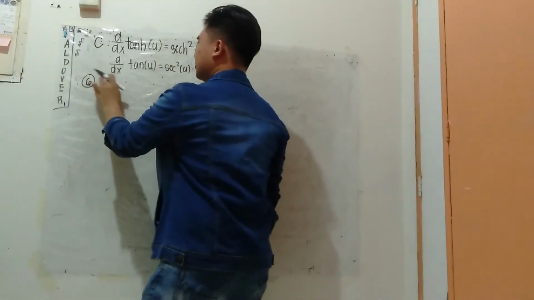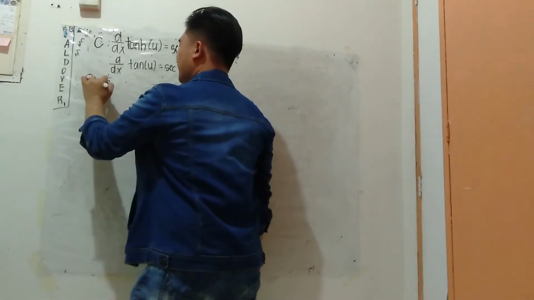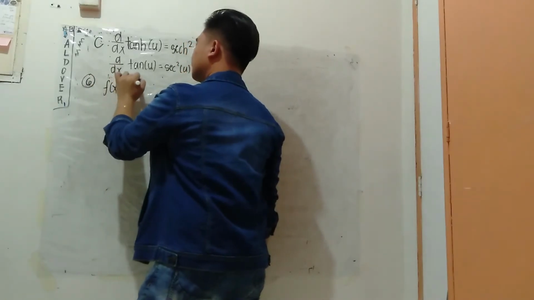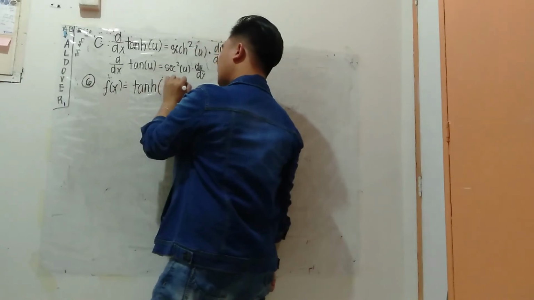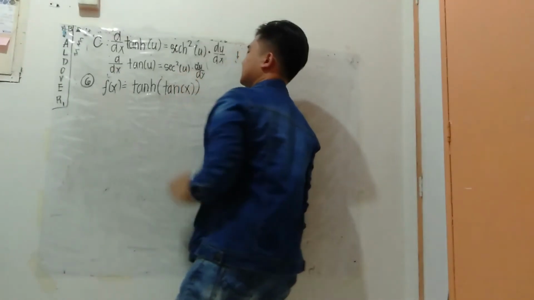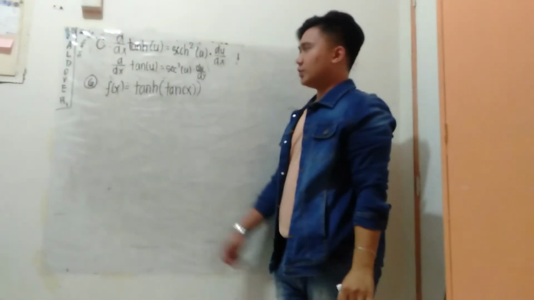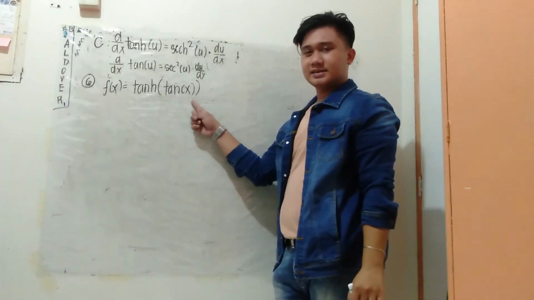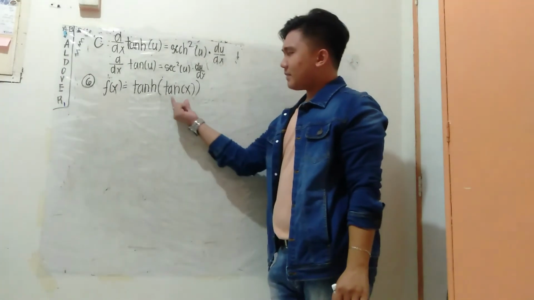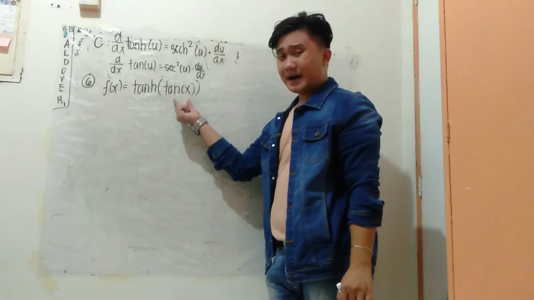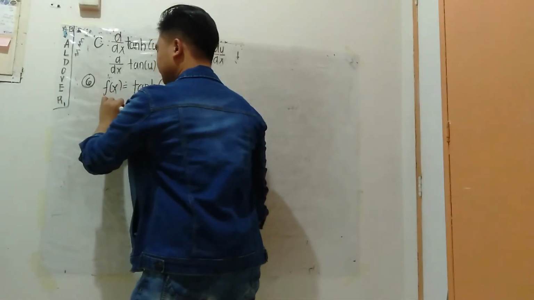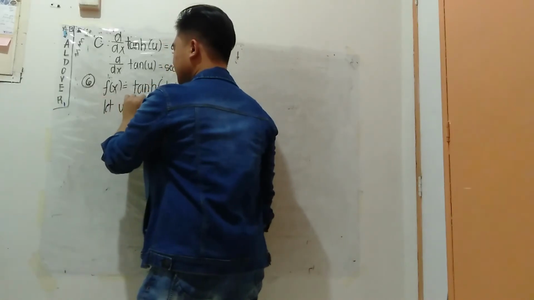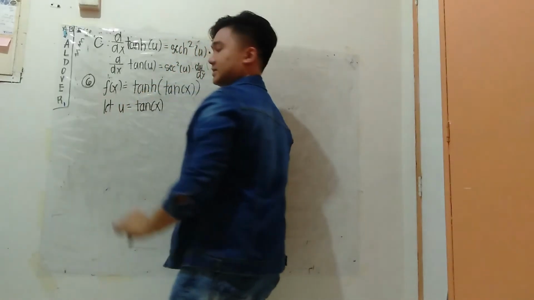Okay? So, for this example, if f of x is equals to hyperbolic tangent of tangent x. Okay? So, dito naman, makikita mo lang na yung u mo ay tangent x. So, let u is equals to tangent x.